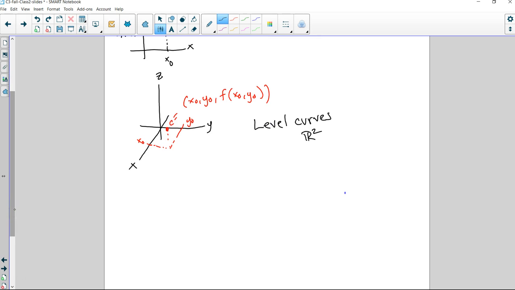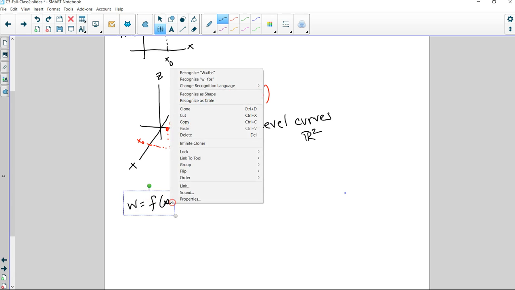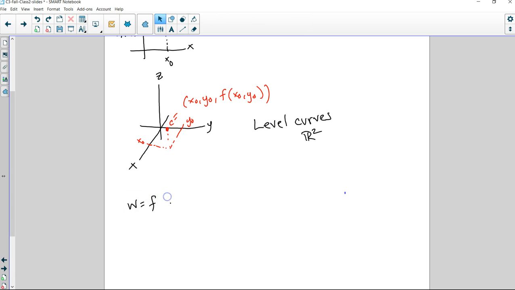Then what do we call the level sets if we keep on going, and we have a function w that is a function of x, y, and z? That's actually a function in 4 dimensions.